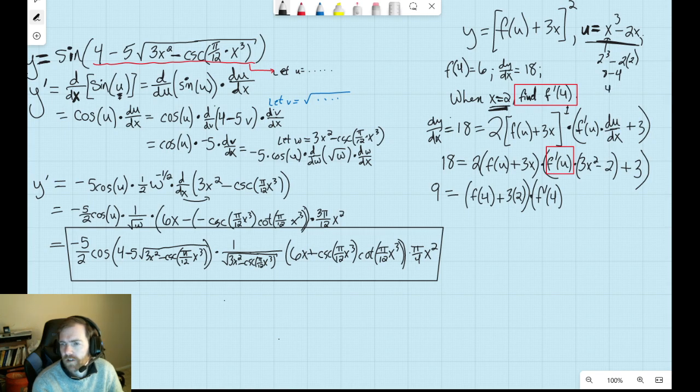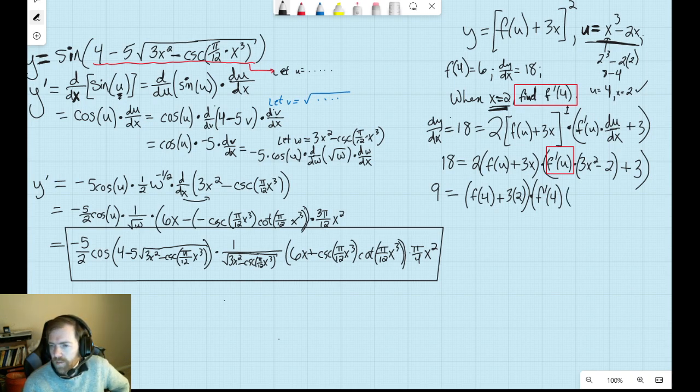So we end up just getting 4. So u equals 4 when x equals 2. That's more of a verification step than anything else, making sure that we're actually going to get what we think we're going to get. Make sure nothing is just weird.